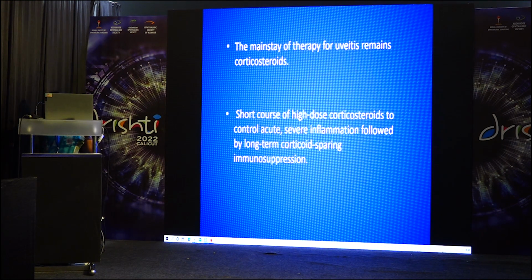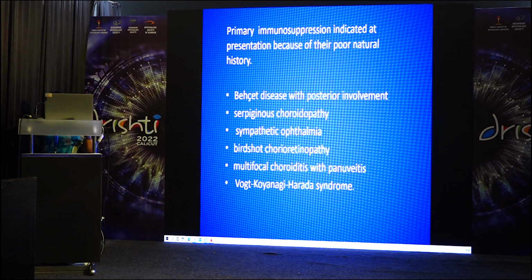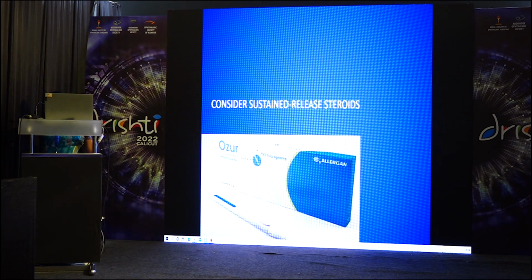Even though the mainstay of therapy still remains corticosteroids, after a short course of corticosteroids to control acute severe inflammation, treatment should be started with long-term immunosuppressants. Primary immunosuppression is indicated in certain conditions like Behçet's, serpiginous, sympathetic, birdshot, and VKH.